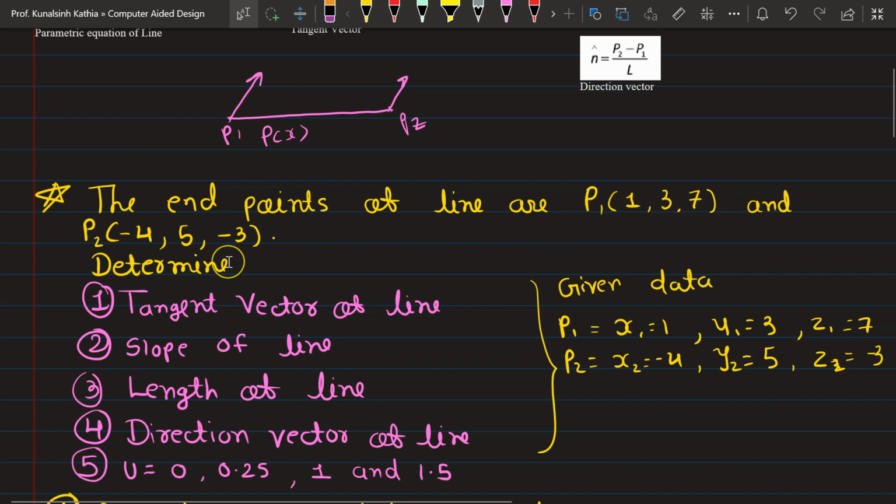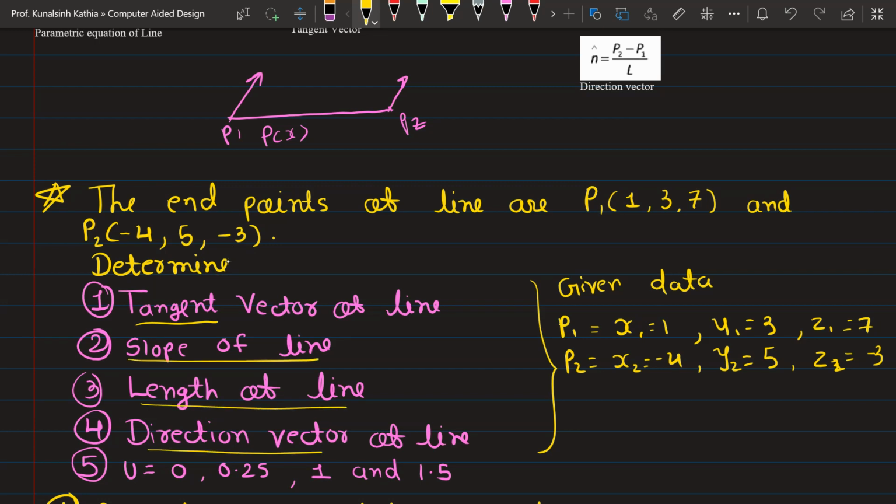They are asking us to determine the tangent vector, slope of the line, length of the line, direction vector, and there are certain constant values of u. You can put those values in and get the answer. I will show you the step by step solution of this numerical. Just stay focused and watch the numerical I am explaining.